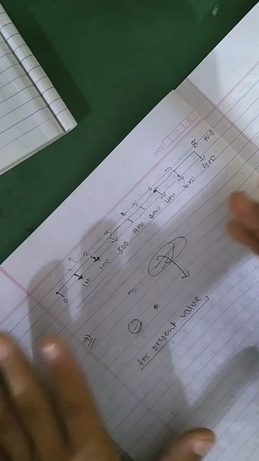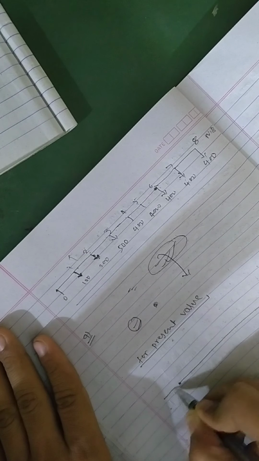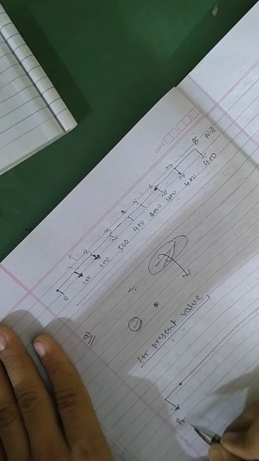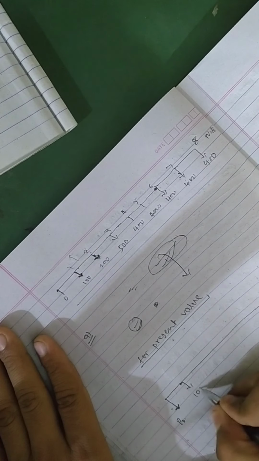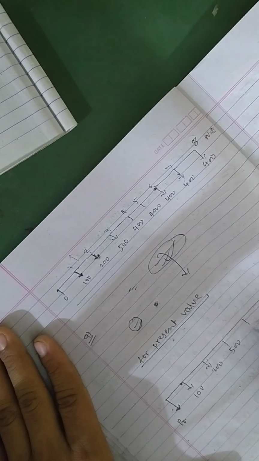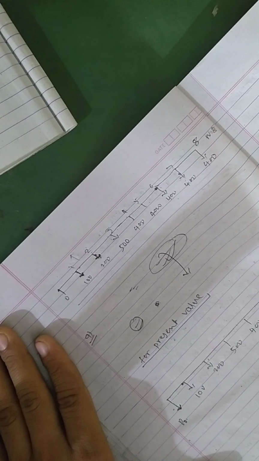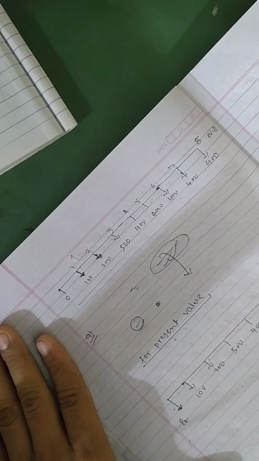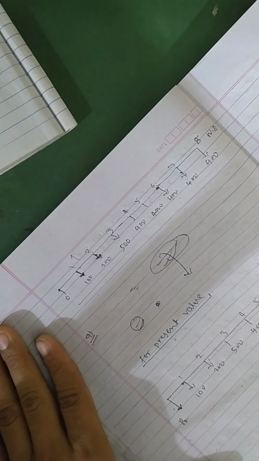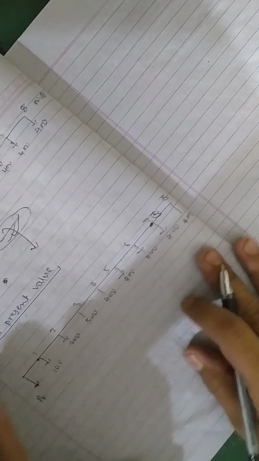To find the present value P naught that we have to submit, which is equivalent to these installments: 200, 500, 400, 400, 400 and 400. Here is 8.